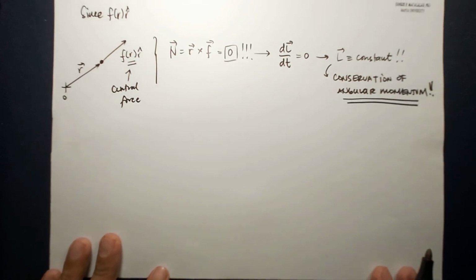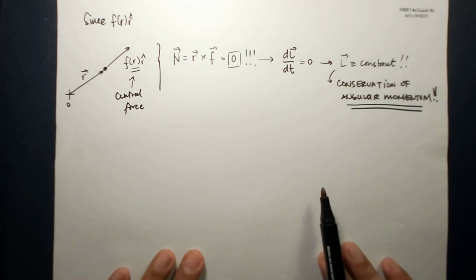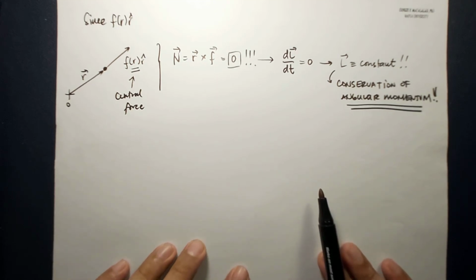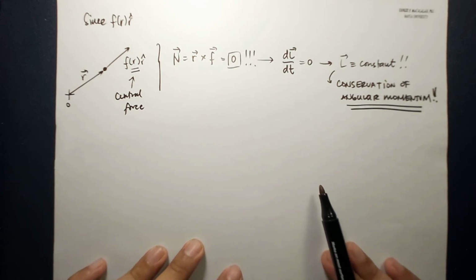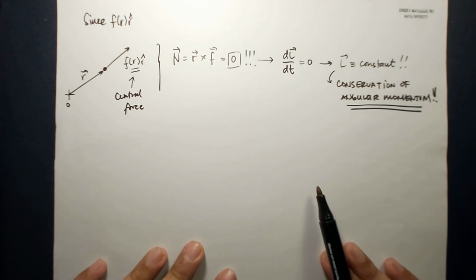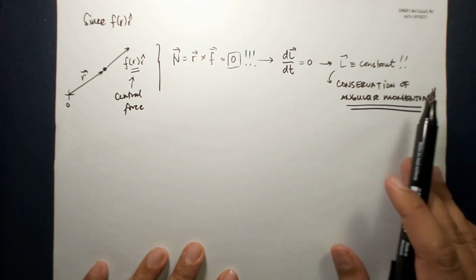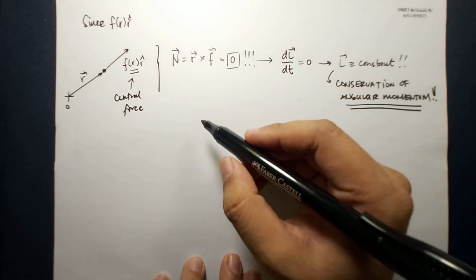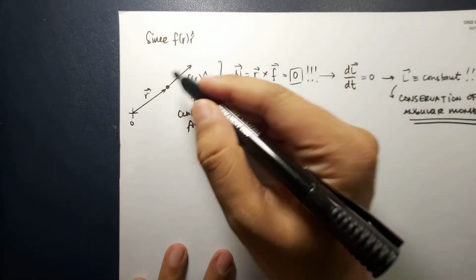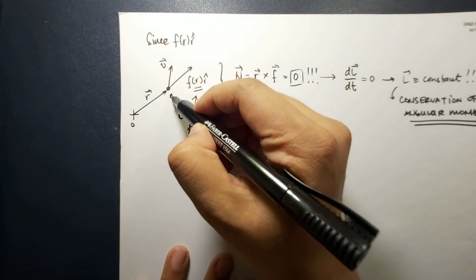So now, here we emphasize that R and V, which define how a particle, let's say a planet, moves, and this is because the angular momentum L is defined by both R and V, is a constant in both magnitude and direction. Okay, so for example, let's say this is the velocity of this particle m.